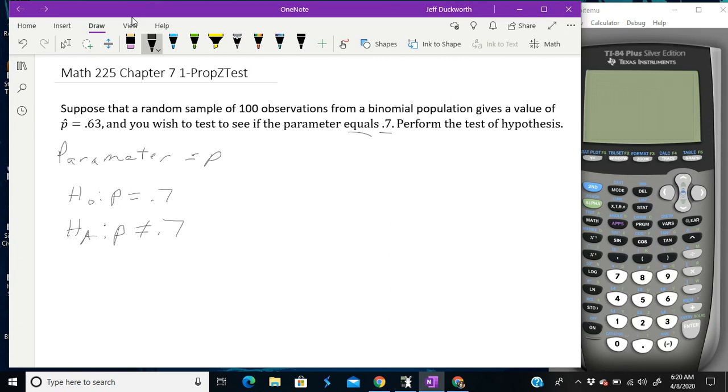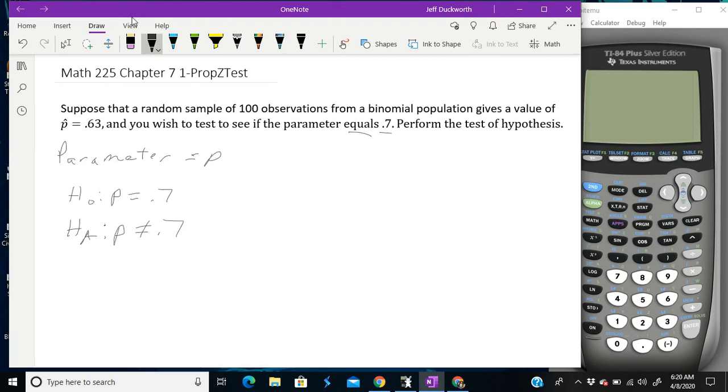Now, we want to check the conditions to determine if we can use a large sample test of hypothesis using a proportion. The first thing we need to know is certainly whether or not it's a random sample. It's listed in the problem that it's random, so we're good with that.